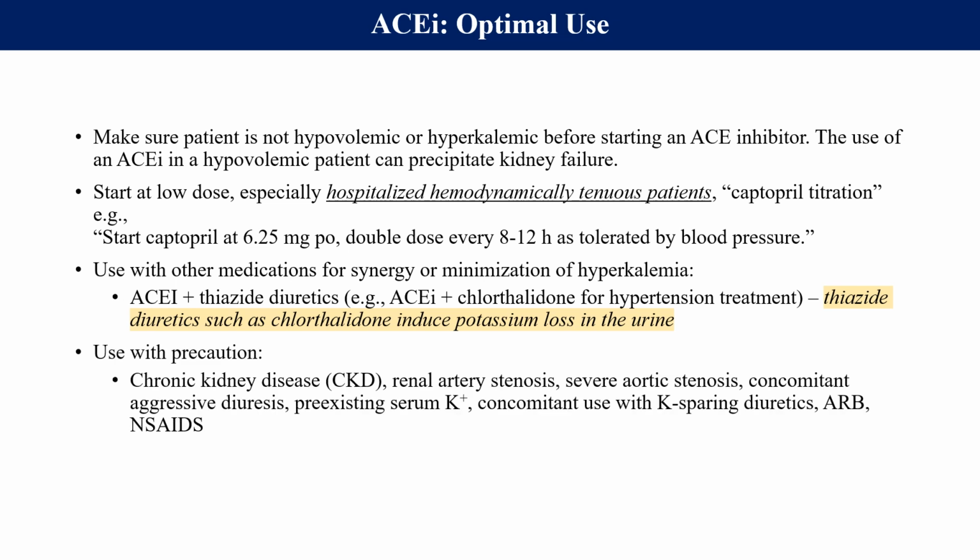Great care must be given when an ACE inhibitor is used in patients with reduced kidney perfusion, including patients with advanced CKD, bilateral severe renal artery stenosis, severe aortic stenosis, concomitant aggressive diuresis, problems with hyperkalemia, and concomitant use of any medication that can also increase serum potassium levels, such as potassium-sparing diuretics, angiotensin receptor blockers, or NSAIDs. Finally, monitoring for increase in serum creatinine and potassium within 7 to 10 days in patients with advanced CKD is recommended.